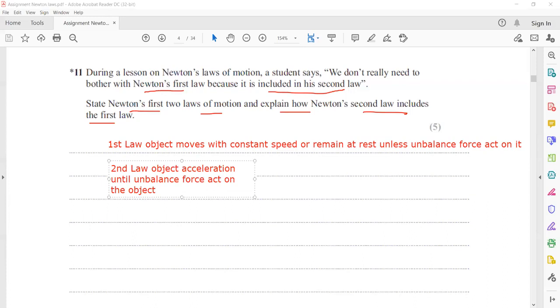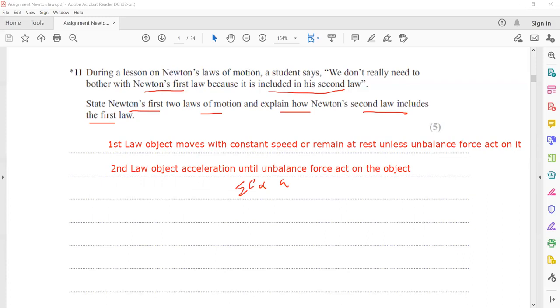And it also states that the acceleration is proportional to the resultant force if mass is kept constant. So 2 marks you will get for writing Newton's first law, 2 marks you will get for writing Newton's second law.